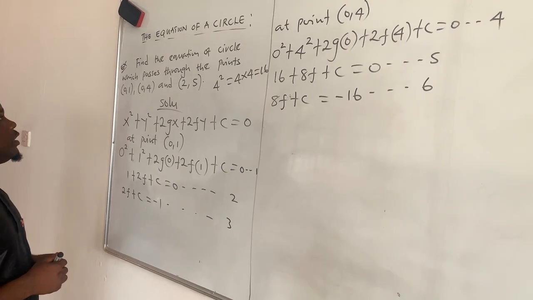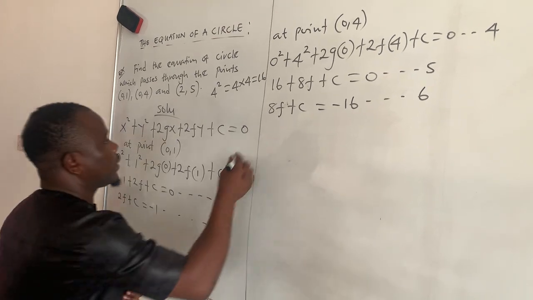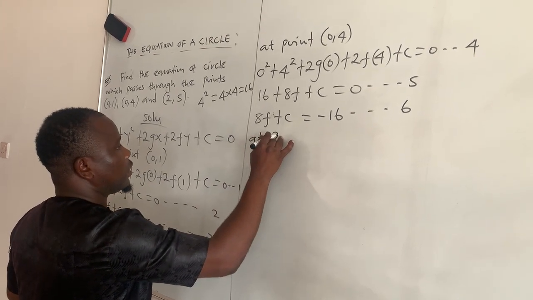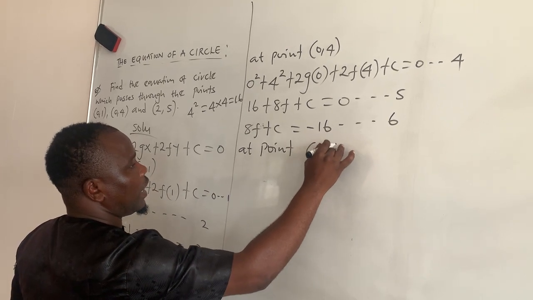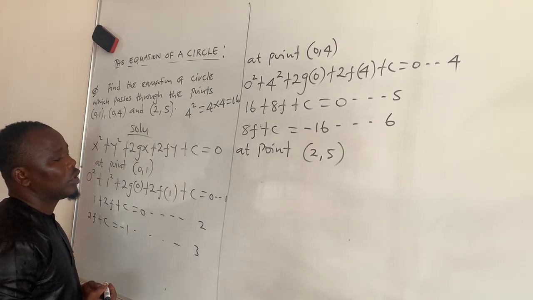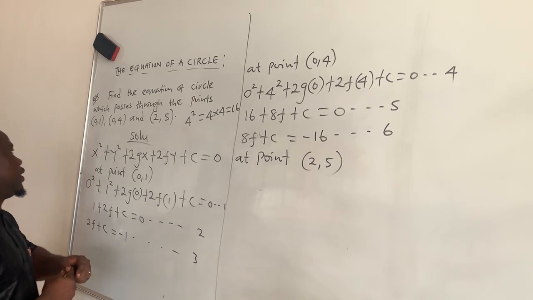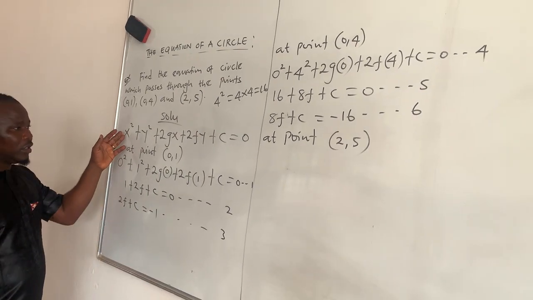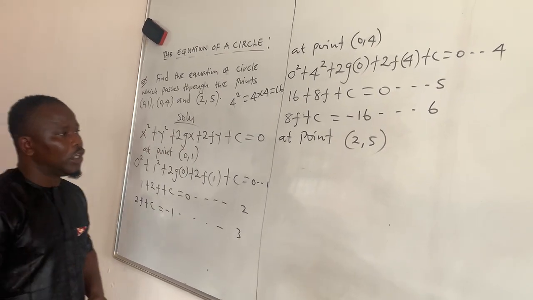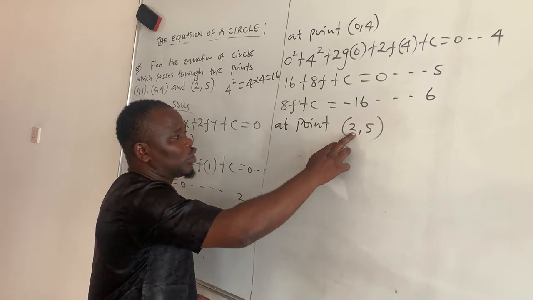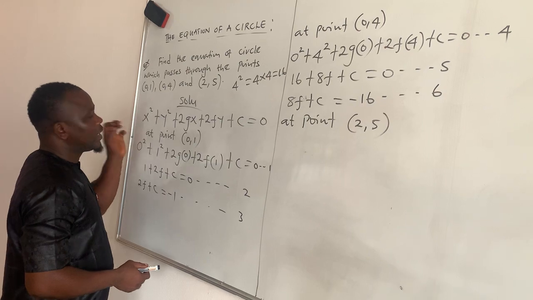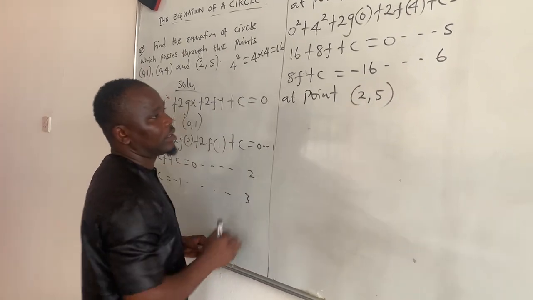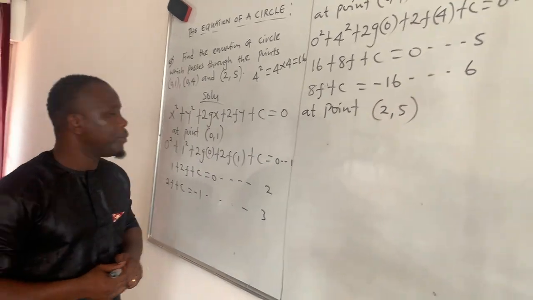The last but not the least, at the point (2, 5), we are still going to use the general equation of a circle. It implies that our x is 2 and our y is 5. Is that clear?